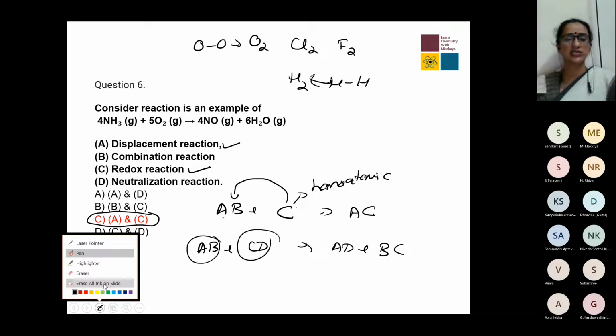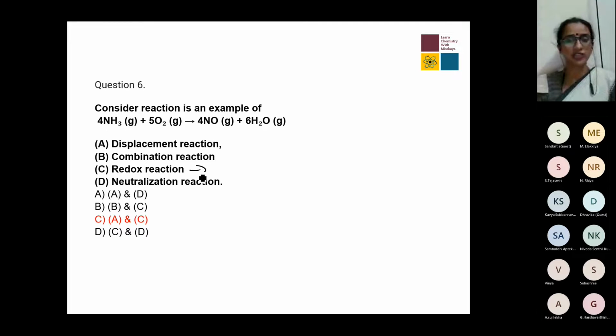Now, why is this considered to be a redox reaction? Because we have oxygen specifically being added to the ammonia. Now, oxygen will cause oxidation, and it is known that oxidation never occurs on its own. There is always going to be reduction occurring along with the oxidation for one simple reason.